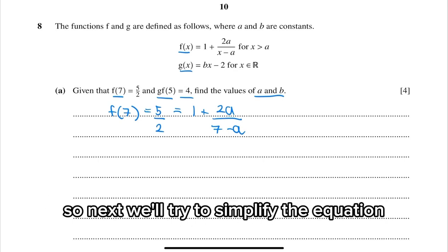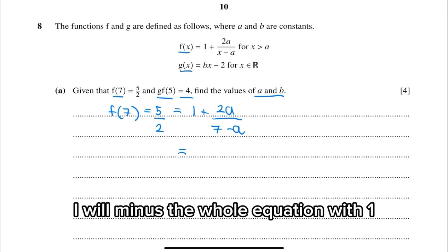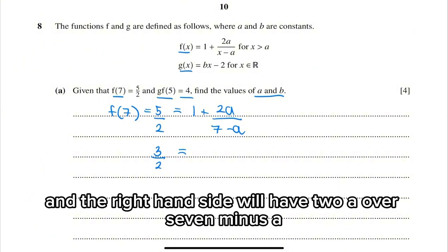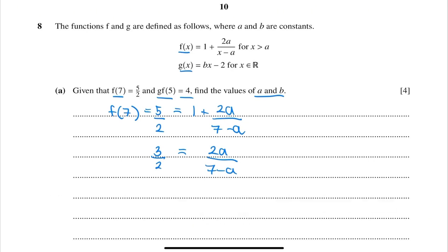Next we'll simplify the equation. I will subtract 1 from the whole equation. So on the left hand side we'll have 3/2, and the right hand side will have 2a over 7 minus a.